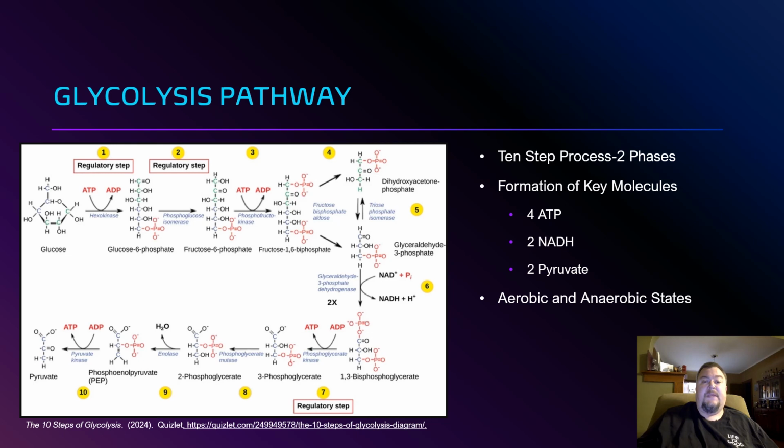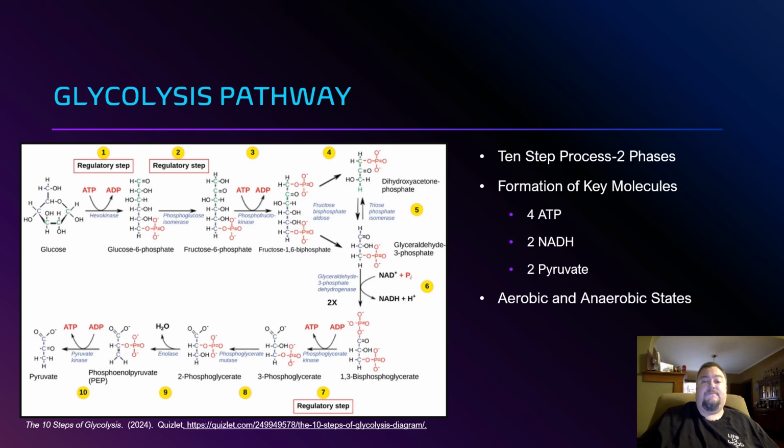Step 3, a phosphate group is transferred from ATP to fructose 6-phosphate, producing fructose 1,6-bisphosphate. This step is catalyzed by the enzyme phosphofructokinase, which can be regulated to speed up or slow down the glycolysis pathway.